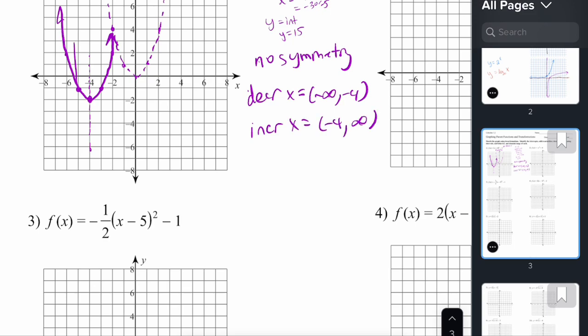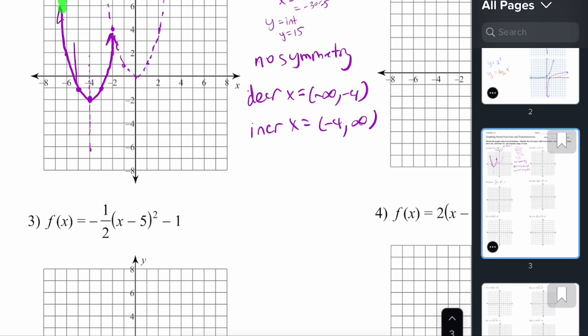Now, let me remind you, it is very important that you remember about increasing or decreasing, because of some things that are coming on later, probably next semester. But anyway, let's go over it again. This is what the y is doing along this x path.